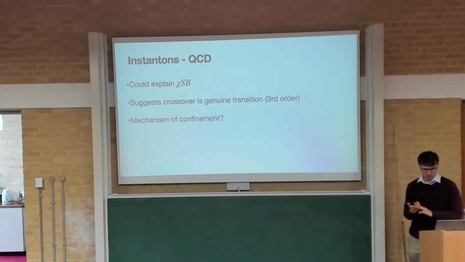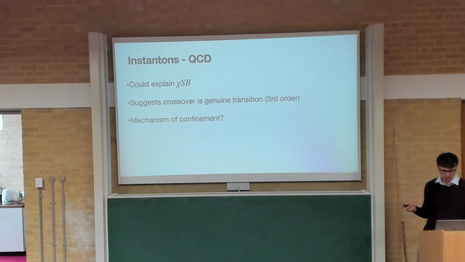Also, it suggests that the crossover in QCD might actually be a third order phase transition, since you're going from this dramatic change, from no instanton condensation to having finite instanton condensation. And if we do further work, it might also connect to some mechanism of confinement.